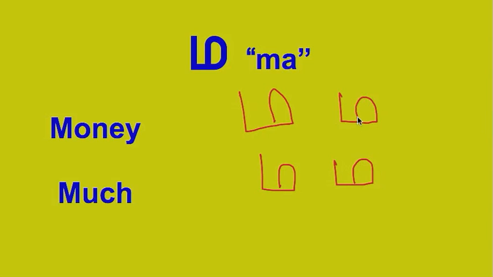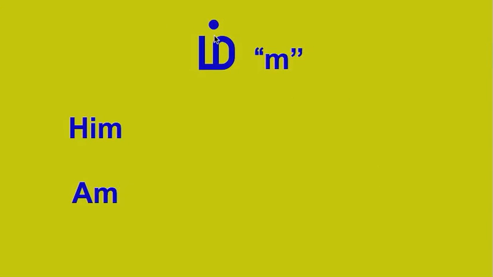Next letter is ma, as in money or much. Again, the vowel sound is just like the English schwa sound. The way we write this letter, we start off as if we're writing da, and then we add another part. Feel free to pause the video and practice writing this letter. If we add a dot over this letter, it becomes im, just the sound as in the words him and am.